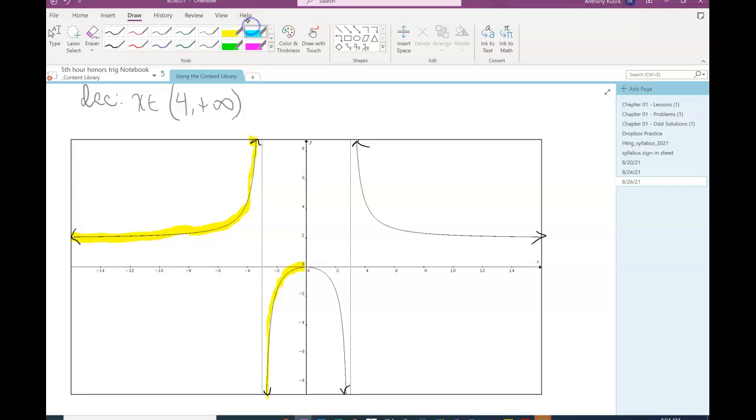Sound good? How many intervals of decreasing do we see? 2. Okay, if we continue walking from 0, we go downhill until we get to the asymptote. And we start after the asymptote, we walk downhill the whole way. How about the intervals of constant?